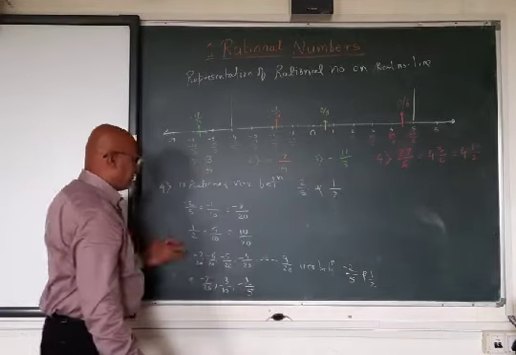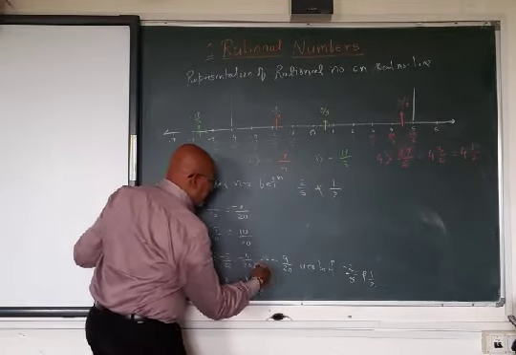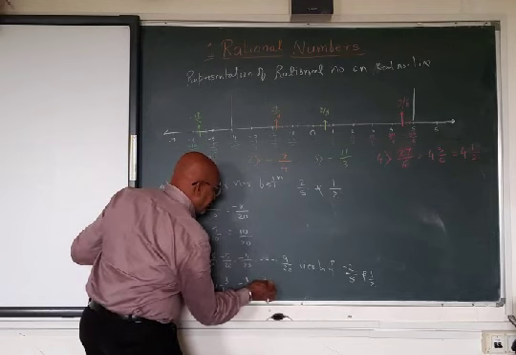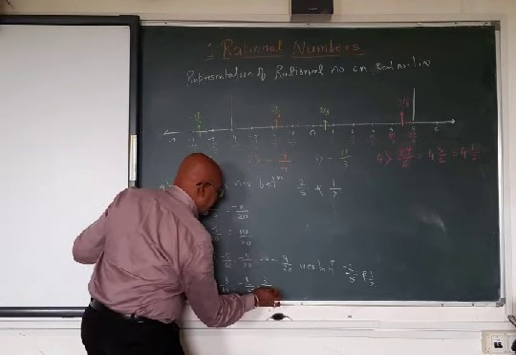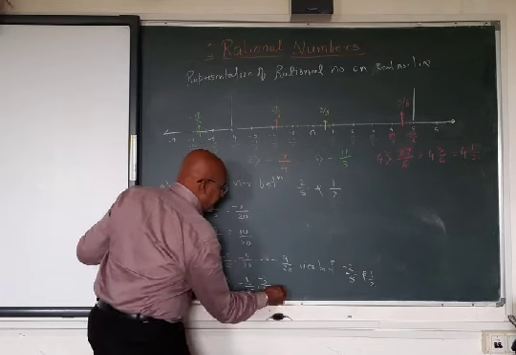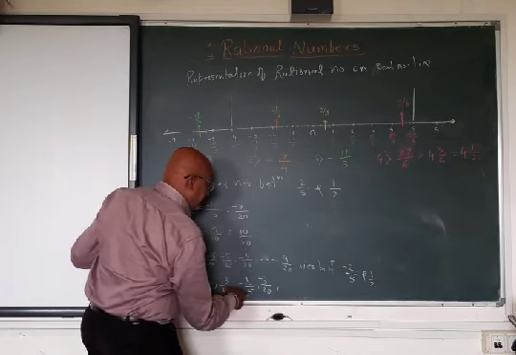We can give different numbers. Then I can write 3 by 20, minus, how many numbers? 1, 2, 3, 4.